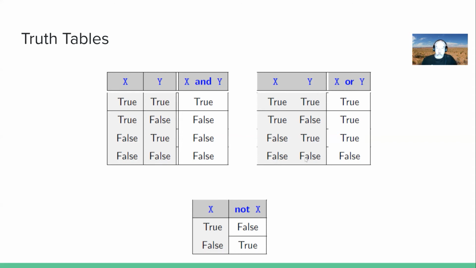And if X and Y are both false, then it would evaluate as false. That's essentially the only case where or would return false, if both of these are false, right? And as I mentioned, for the not, if X is true, then not X would be false. If X is false, then not X would be true, right? So it's essentially flipping the switch, flipping false to true and true to false.